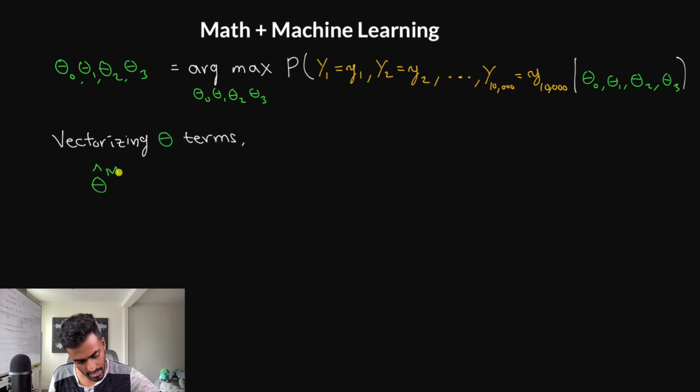In this case, I'm going to recognize this as theta hat MLE because it is the prediction that we make of theta, and MLE stands for maximum likelihood estimation. And this hat means it's a prediction.